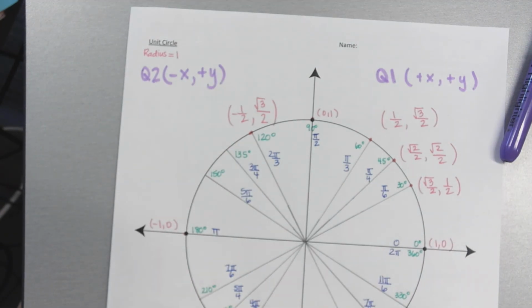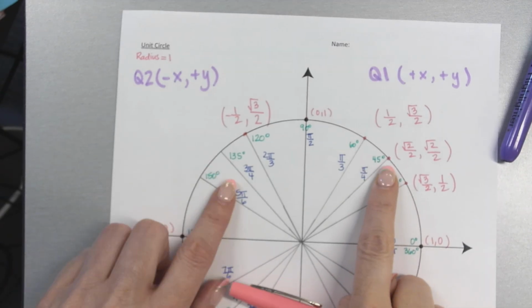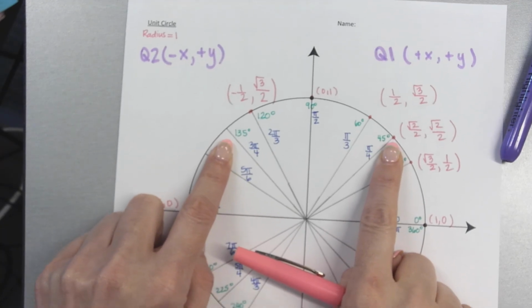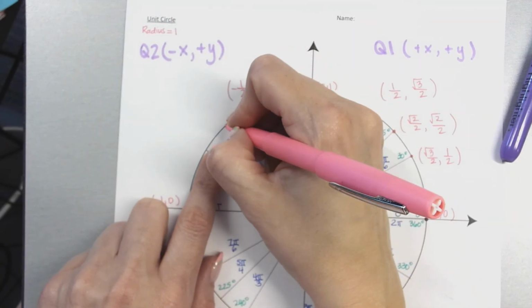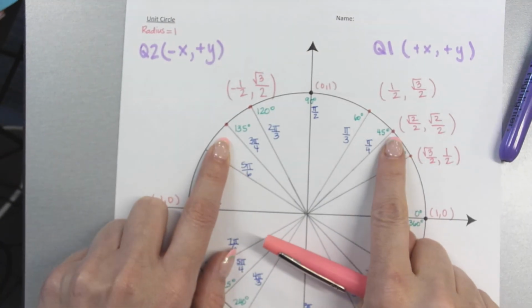Okay, and you can fill in the whole unit circle now. You can fill in all the points, so you can go ahead and do that. I'll do a couple more with you if you need just some more reassurance. So here, if I am reflecting this point, okay, this is 45 degrees.